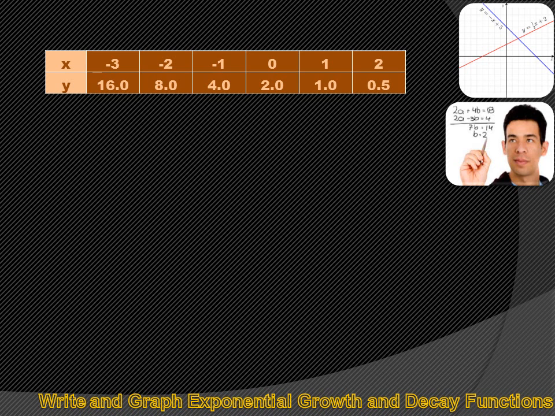Let's try to put this into a form of the generic exponential growth function. Y equals a times b to the x. And to do that, I need to come up with my initial value of y, my a value. My a value is my value of y when no time has changed, when x equals 0.